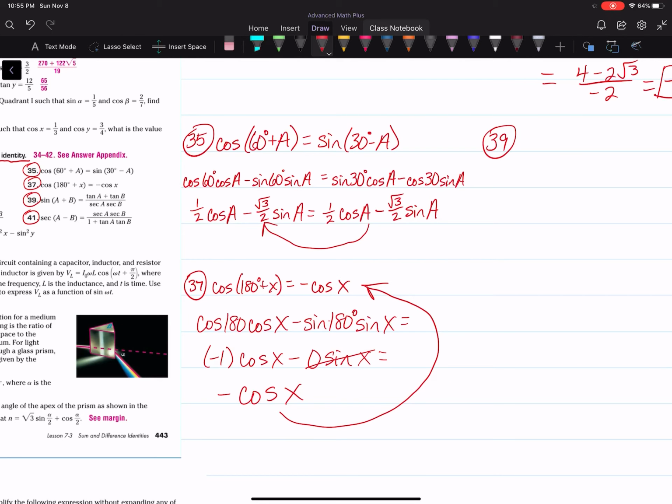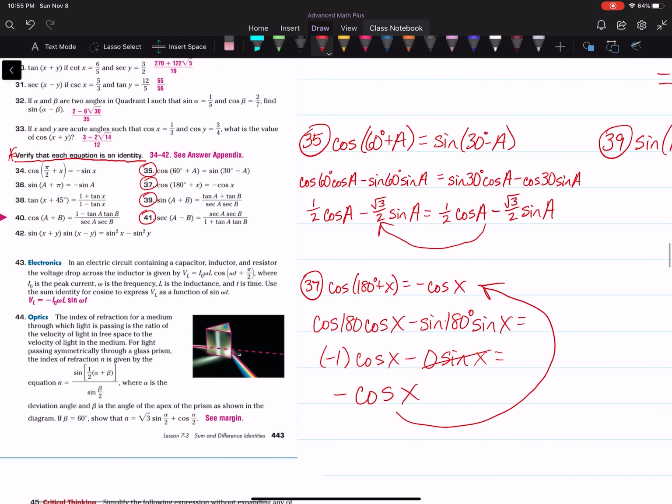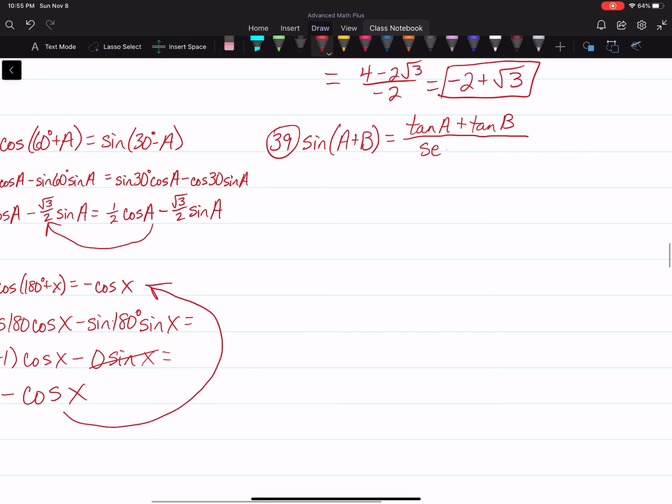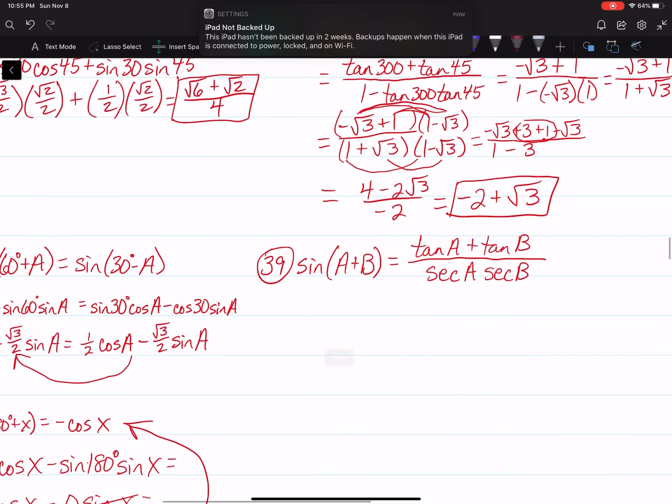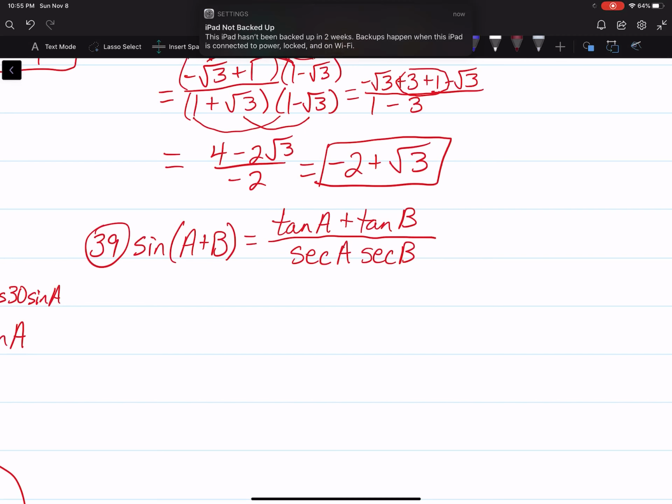39. Two more. Sine of A plus B equals tangent of A plus tangent of B divided by secant A, secant B. All right, so I am going to make everything into sine and cosine first.